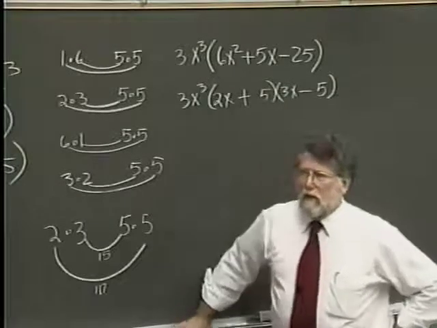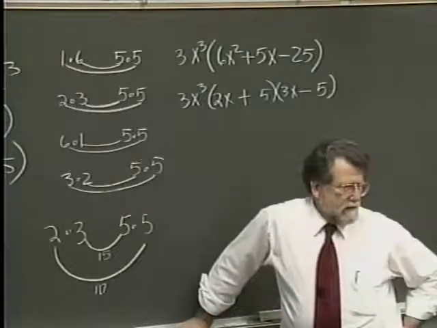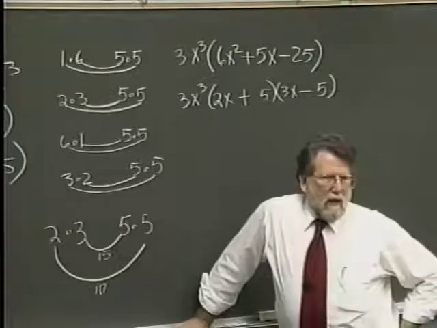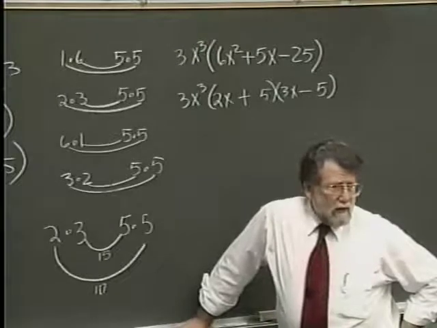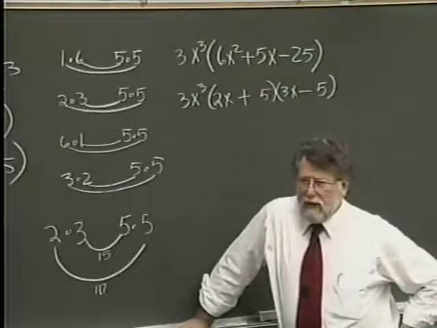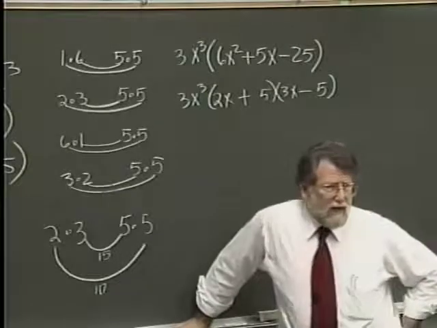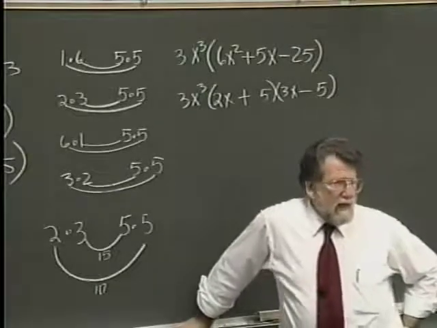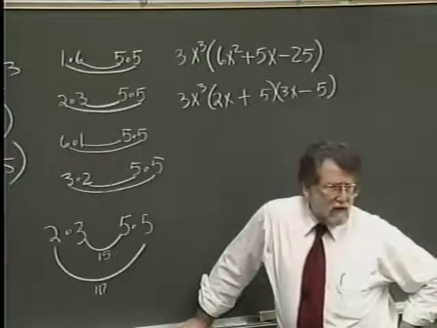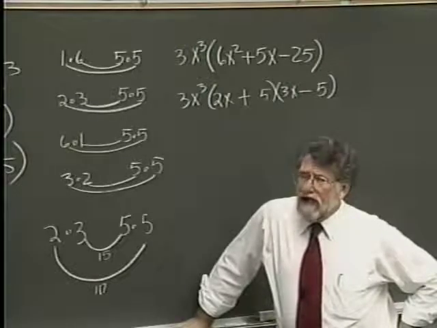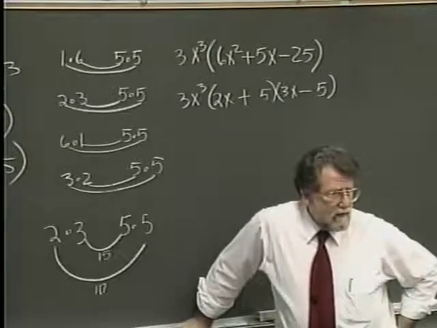Now, again, I want to address something here. Why do we do this? Why do we factor numbers in arithmetic? There are 2 reasons for factoring numbers in arithmetic, and they are the same 2 reasons for factoring polynomials. In arithmetic, we factor numbers so we can reduce fractions. We factor numbers so we can find LCDs.